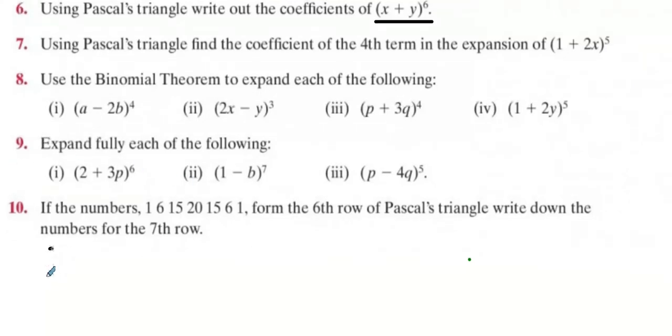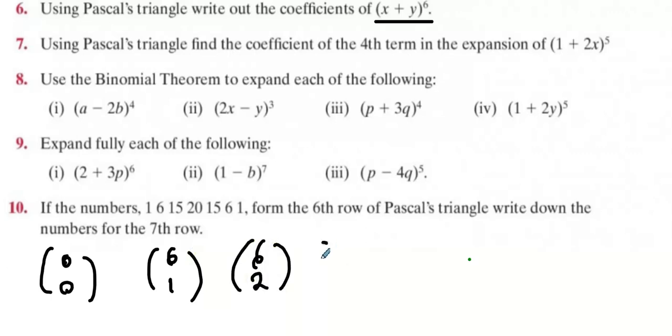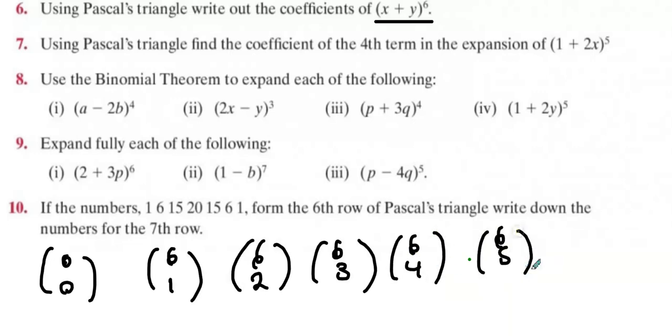What numbers do you need to figure out? 6C0, 6C1, you need 6C2, you need 6C3, 6C4, 6C5, and then finally 6C6. All right, let's do the easy ones first. What's the answer to the first and last one? 1 and 1. What's the answer to the second last one? And the second one is also 6.